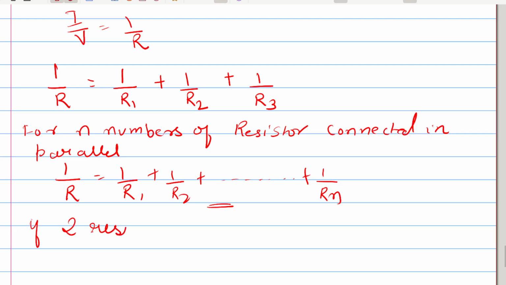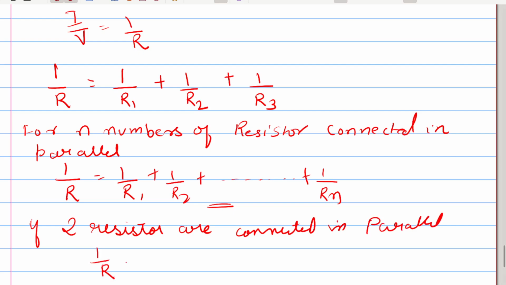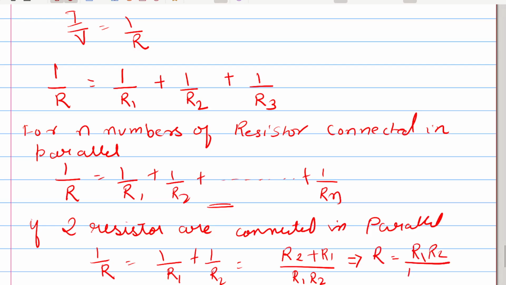Okay. So if two resistors are connected in parallel, we have 1 upon R is equal to 1 upon R1 plus 1 upon R2, that's equal to R2 plus R1 upon R1 into R2, which means total R equals to R1 R2 upon R1 plus R2.